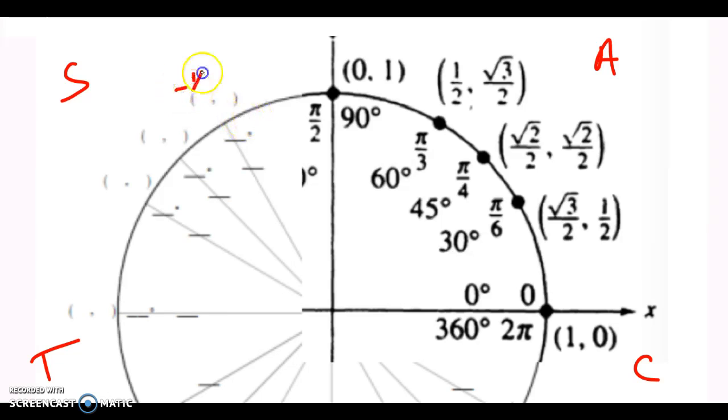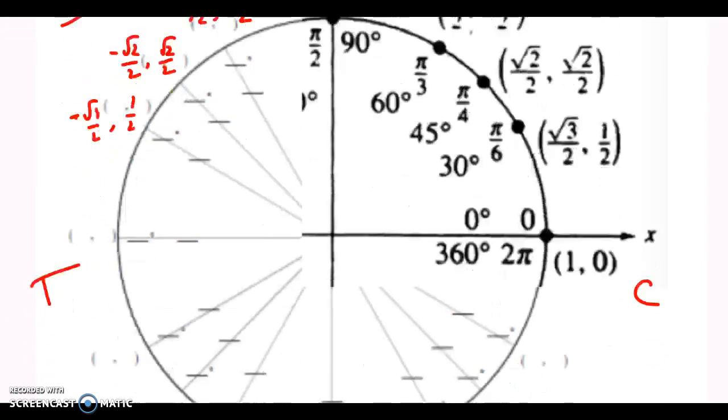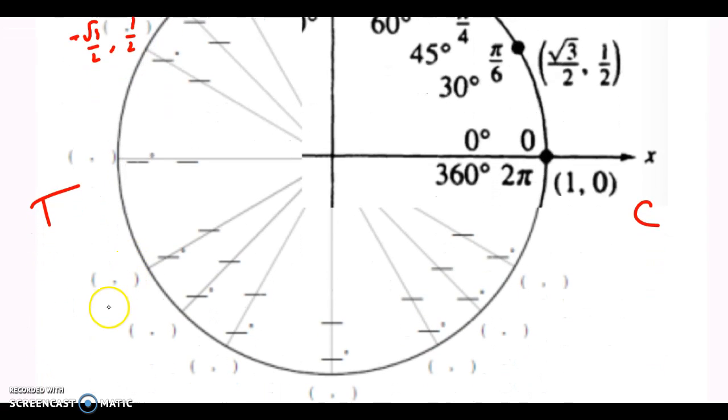So here, we're going to have negative 1/2, and the y value will still be positive. No difference here. For the third quadrant, both signs are going to be negative. For the fourth quadrant, your y signs are going to be negative, and your x's will be positive.